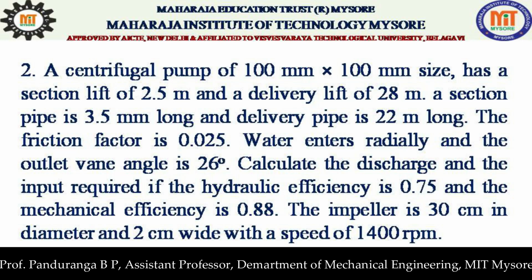Water enters radially and the outlet vane angle is 26 degree. Calculate the discharge and the input required if the hydraulic efficiency is 0.75 and the mechanical efficiency is 0.88. The impeller is 30 centimeter diameter and 2 centimeter wide with a speed of 1400 rpm.